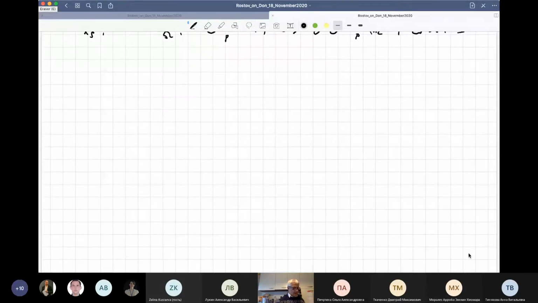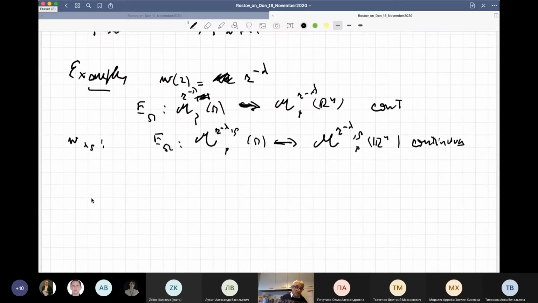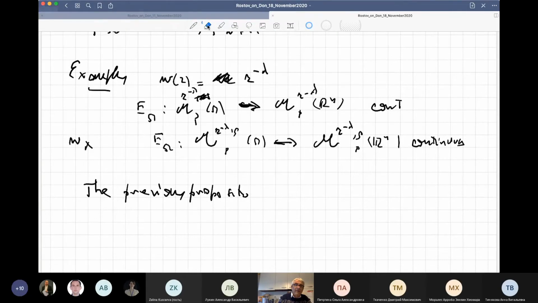Okay. And the previous theorem, the previous proposition, requires, no, sorry, I made a mistake. Not the W lambda, I made a mistake, I'm sorry, I corrected immediately. This was the W lambda, and corresponding to W lambda you have the M W lambda.